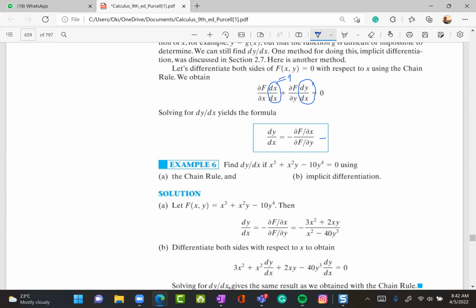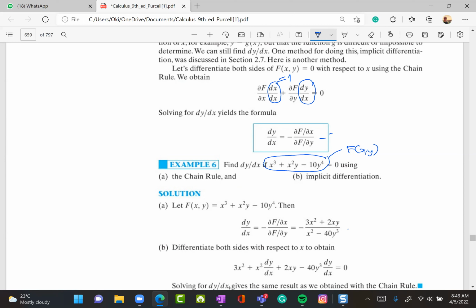So let this be the f. This has the form f equals 0. Then dy dx we get from here, so you can compute this one.